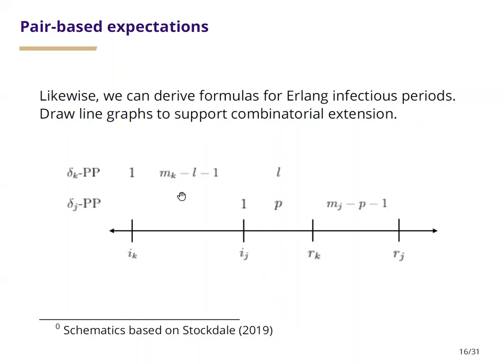And then we complete out the argument for the kth Poisson process. So working through these combinatorics is essentially how we get a rather nasty expression for Erlang infectious periods. Now, these schematics can be described a lot more clearly in Jessica Stockdale's thesis.